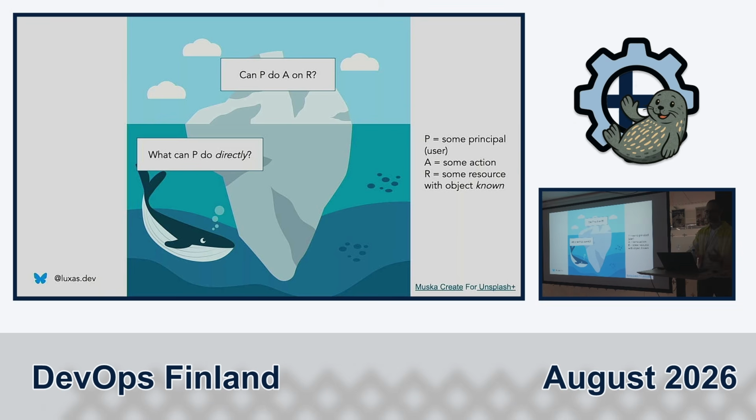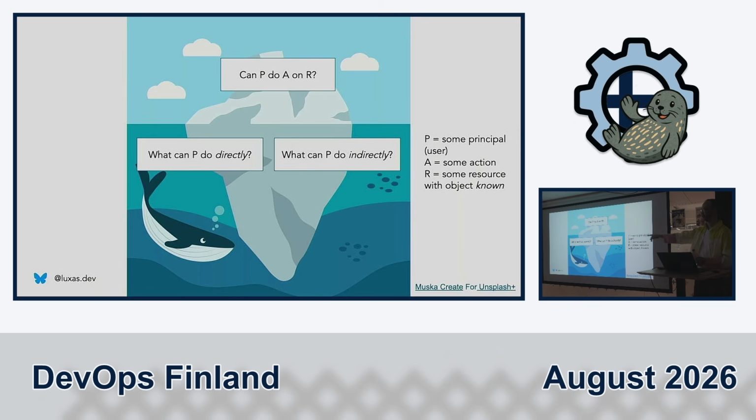And not just what could Lucas do directly by running some commands, but what would Lucas be able to do indirectly? If Lucas had access to use some other service, some root account or some kind of jump box, maybe he would be able to impersonate something with even more privileges and step through that, if you think like a hacker.